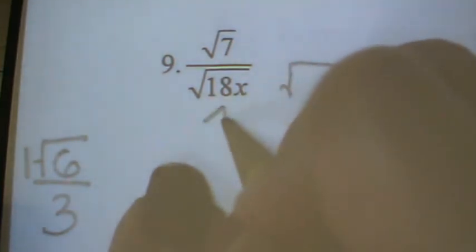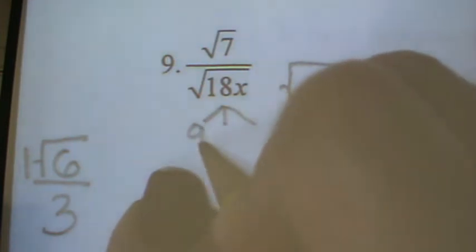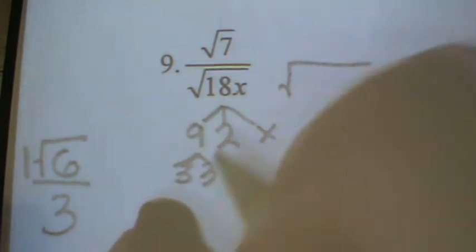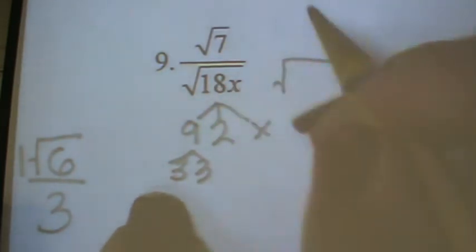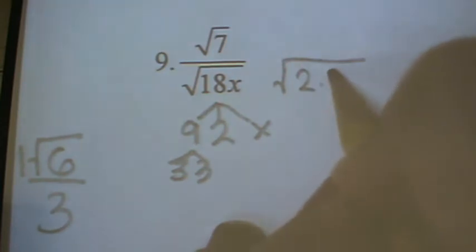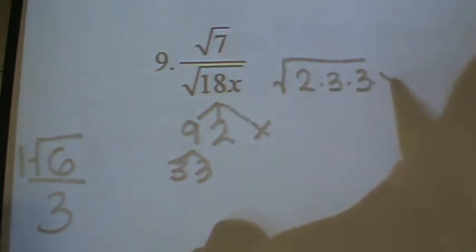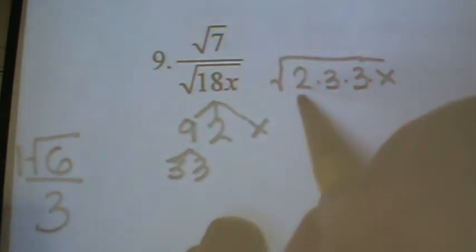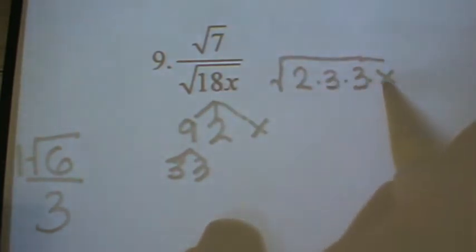If you were to break this up, 9 and 2, and what's the root of 9? 3. So in other words, 18x is equivalent to 2 times 3 times 3 times x. Does everyone understand that? 18 is 2 times 3 times 3, and an x.